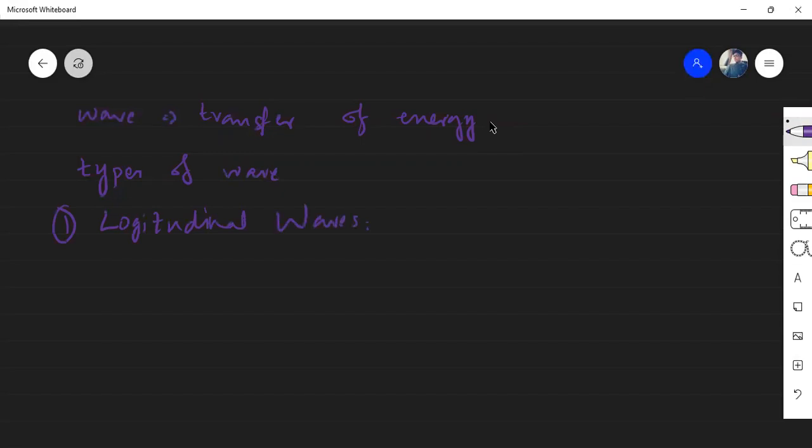Okay, so here's the thing. In the concept we've discussed, we've described the wave to be a transfer of energy, and the transfer of energy is basically done by the vibration of particles or some movement.